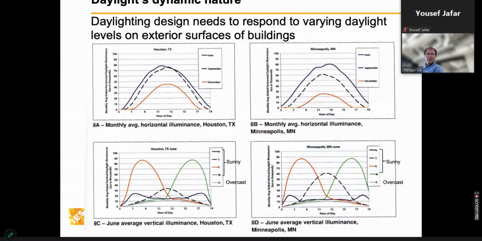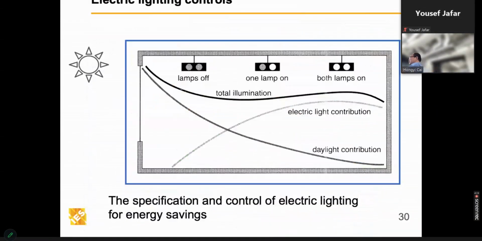And then electrolyte controls, we will talk more about this later over time. Basically, you already learned this from the 650 class. So for you to do the daylight harvesting, you basically need to turn off electrolytes whenever you don't need them. For example, when you have sufficient daylight coming to the area close to the window, those lamps should be turned off.